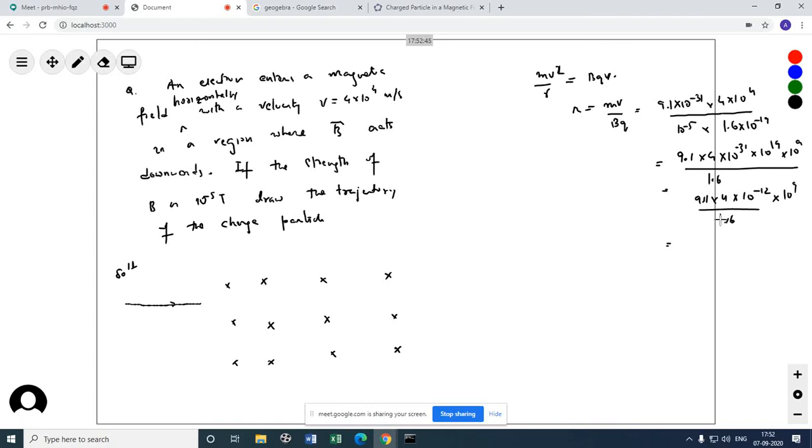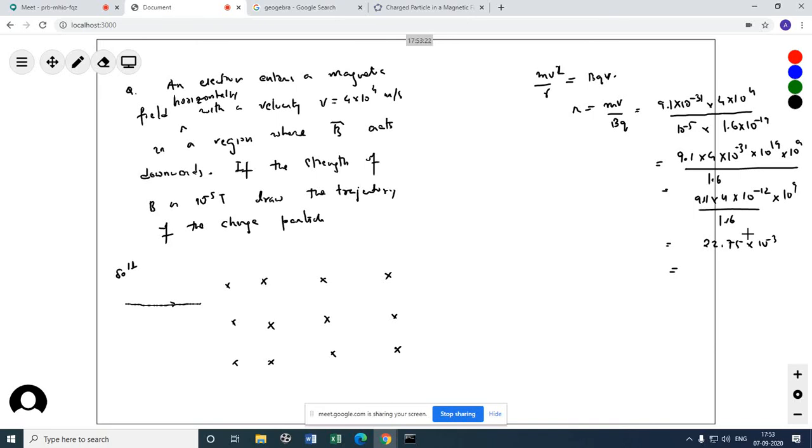So 91 into 4 divided by 16, around 22.75 into 10 to the power minus 3.